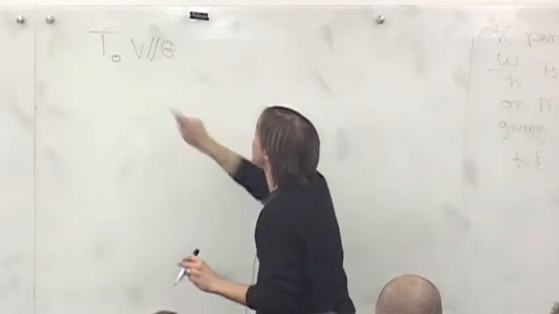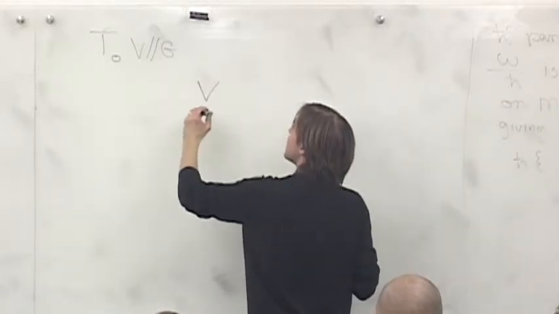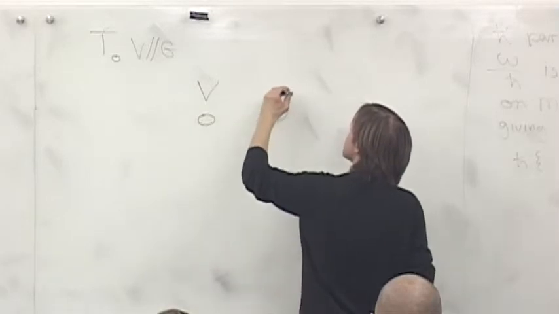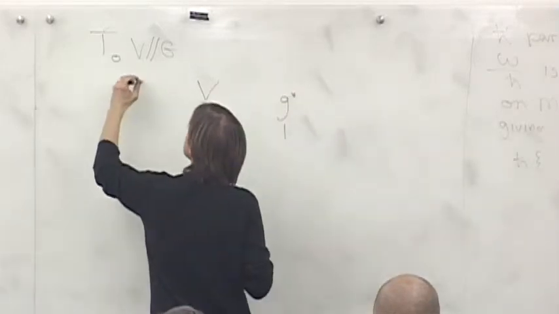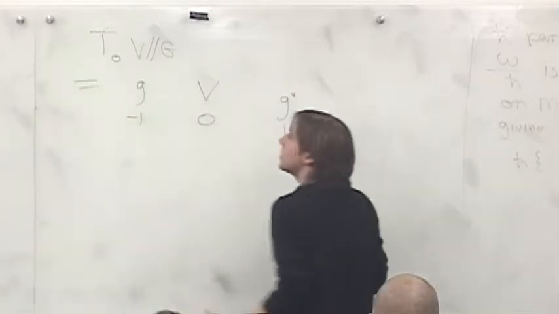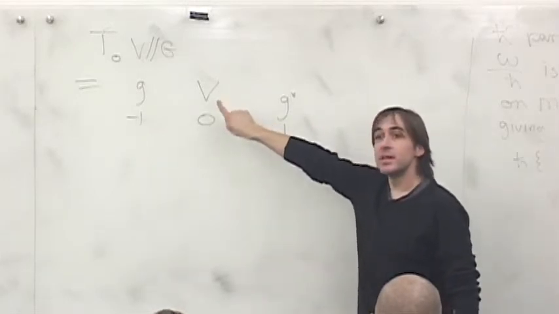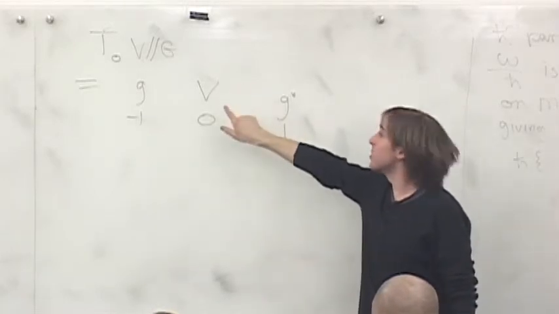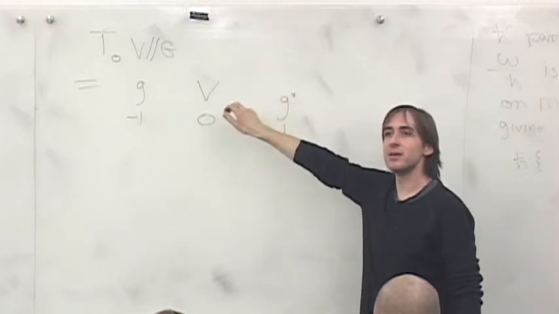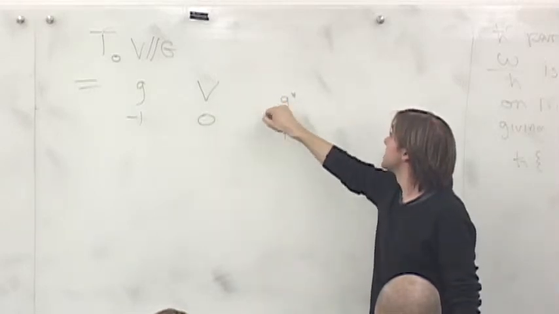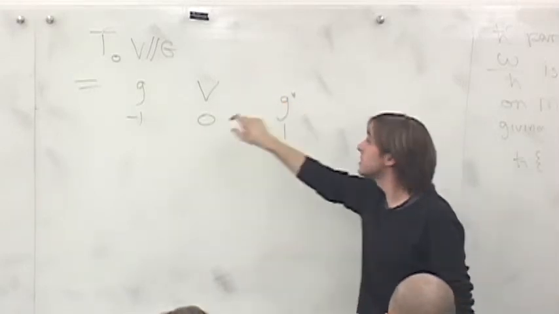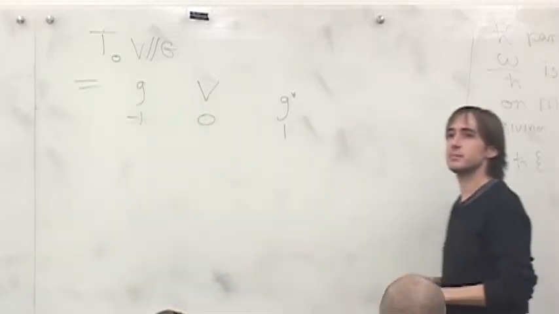As an example, what does this look like? The tangent space looks like V in degree 0, G star in degree 1, G in degree -1. What's the point? The moment map equations are quadratic, so they don't change linear deformations. This will impose the moment map equations, and this is the gauge symmetry.